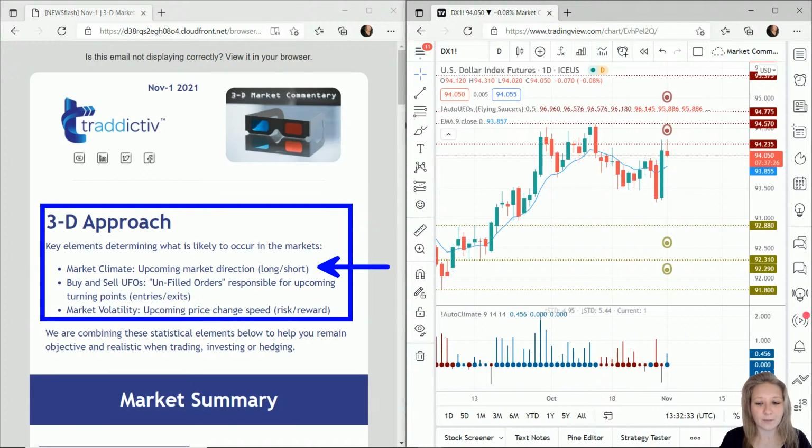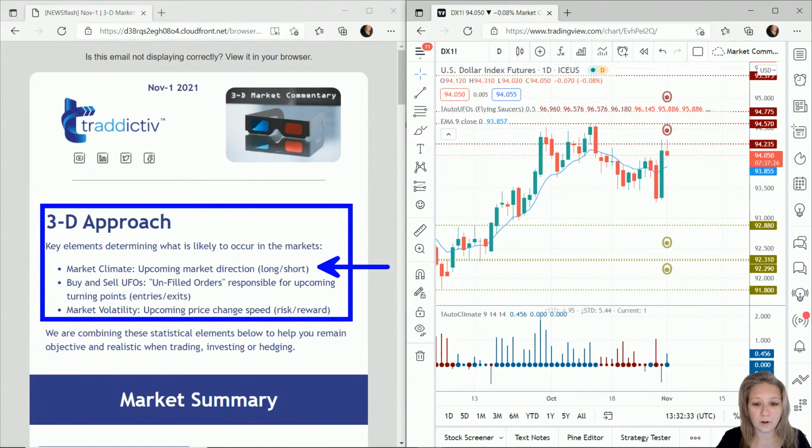The first thing that we're going to look at per market is called market climate. Essentially, where are the probabilities? Are the probabilities up and therefore we should buy, down and therefore we should sell, or nowhere and therefore we do nothing? Helps us answer that first question we should be asking ourselves as traders. Should I be buying, selling, or moving on from this opportunity? The market climate helps us to answer that question.